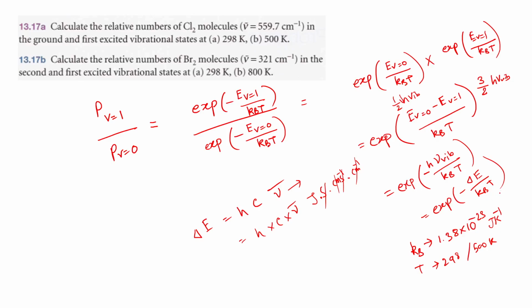Joules and joules will cancel, Kelvin inverse and Kelvin will cancel. Obviously, you are taking an exponential to some power, and the inside is unitless, so you can calculate the ratio. So what do you think? For which case would the ratio be higher?